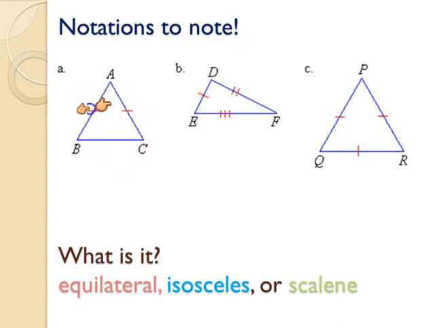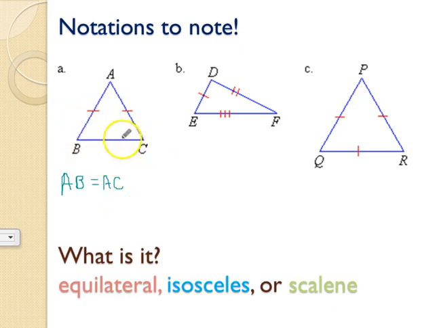When we have the same number of ticks on 2 of our legs, so here we've just got 1 tick and 1 tick, that tells us that the side AB is equal to side AC. So it tells us those 2 sides have the same side length. They're congruent, they're equal.